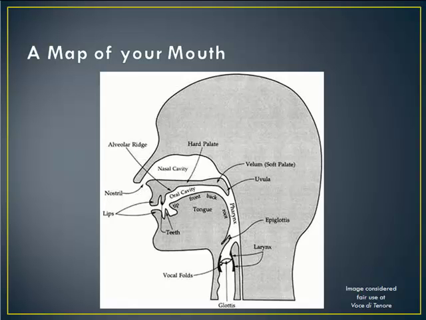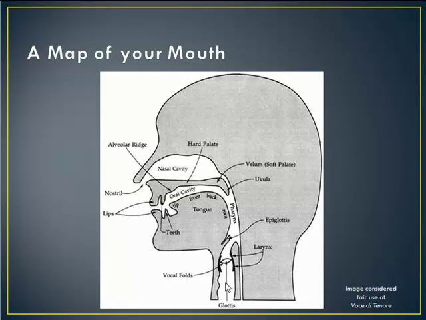Let us begin with a map of your mouth. There are only 2 ways that air can leave your head. One is through the nostril. 2 is through the mouth.